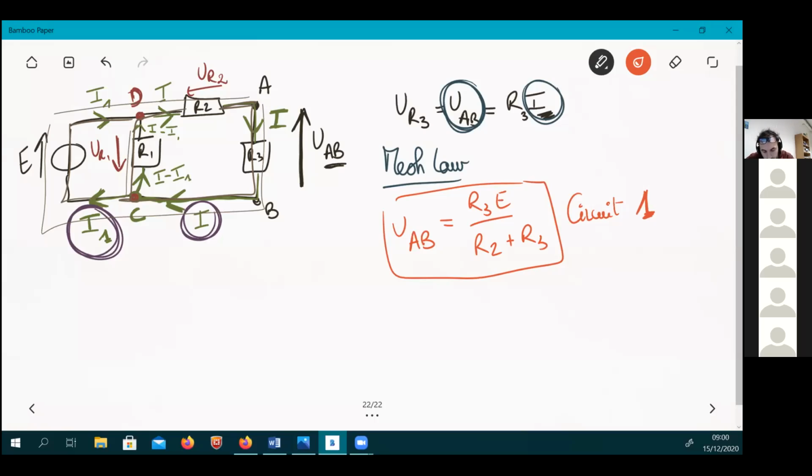So this is UAB for circuit 1. UAB for circuit 2 is R1, R3, I over R1 plus R2 plus R3.